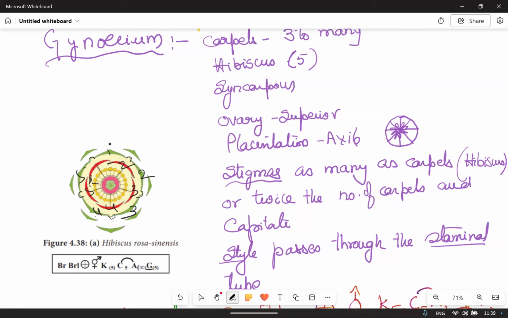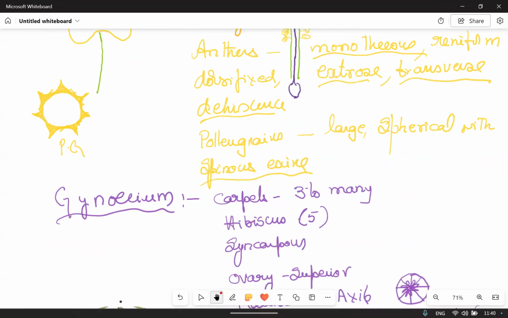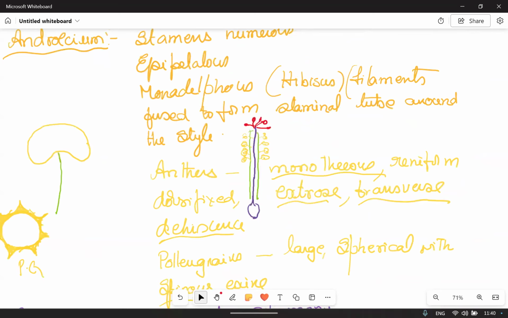So that is twisted estivation. Sepals 5, gamosepalous, remember, and petals 5, polypetalous, twisted estivation. The calyx shows valvate estivation, the petals show twisted estivation.